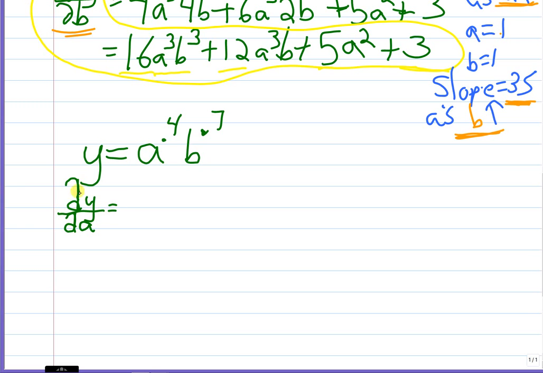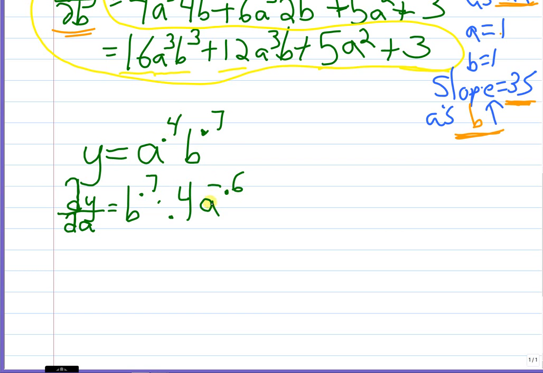Then dy dA: you just write down the b term the same way. It's not going to change, b to the 0.7. Then do the derivative of the a term, since these two are multiplied. So it's going to be times 0.4 times a, subtract 1 from that exponent. 0.4 minus 1 is negative 0.6.